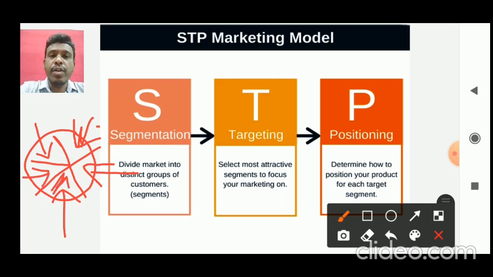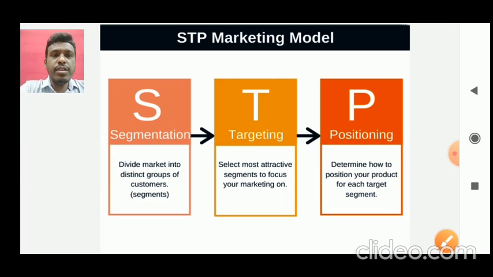Suppose people in this segment which I am shading here behave in the exact same way. That is why we segment them, because they show similar characteristics.